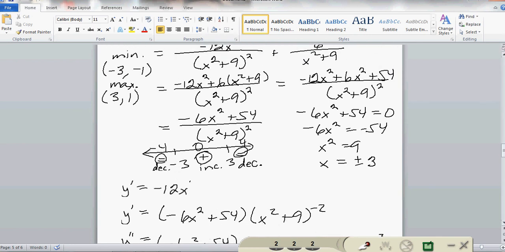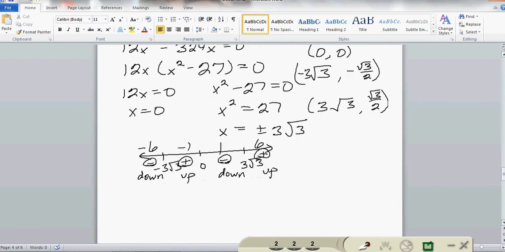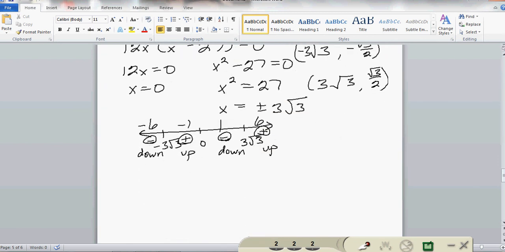We have a minimum occurring at negative 3, negative 1. We have a maximum occurring at 3, 1. So I need to put those in. And these values here are inflection points.